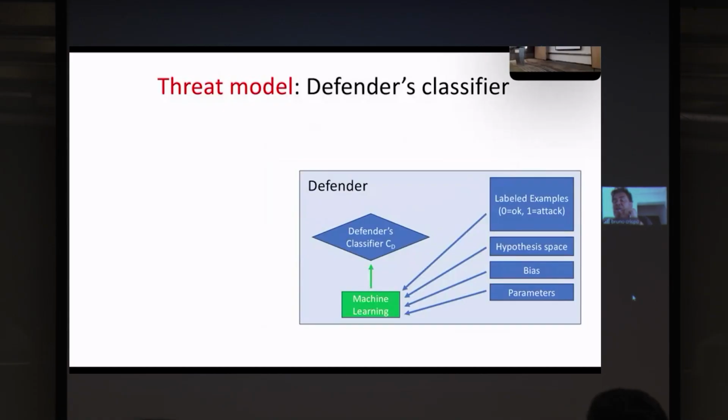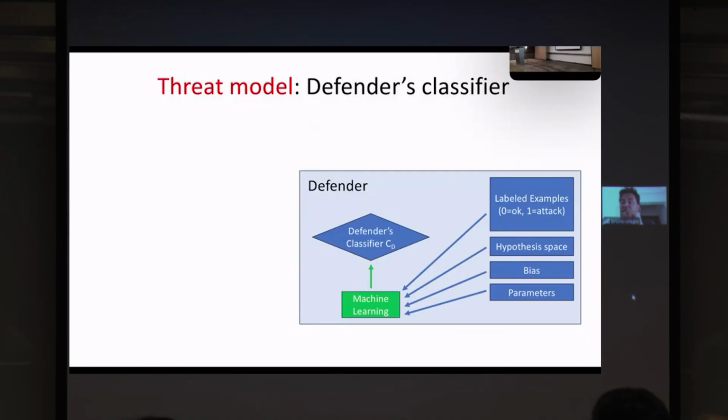The classifier of the defender, when it's trained, has a lot of parameters, a lot of inputs that are important, because even if the algorithm is the same, by changing these inputs, you have a different trained classifier. And these are the training data, the hypothesis space, so the rules that try to classify the target, bias, parameters, feature selection.